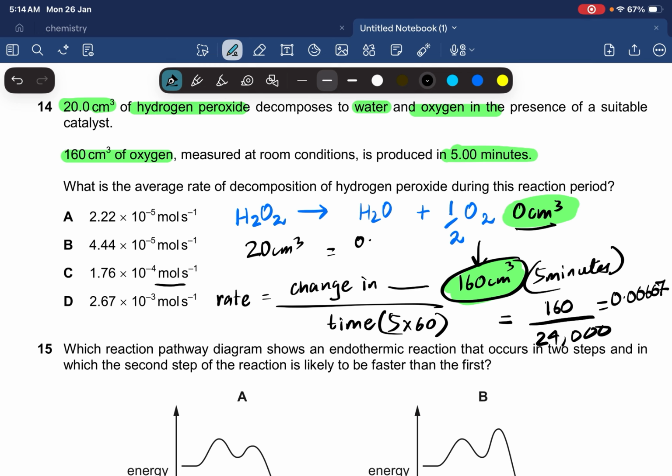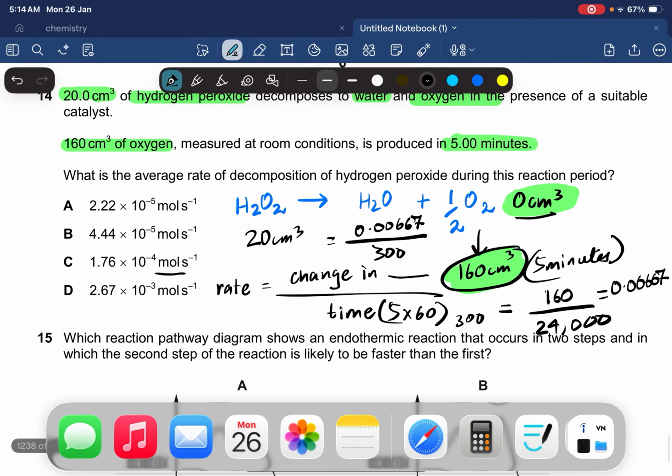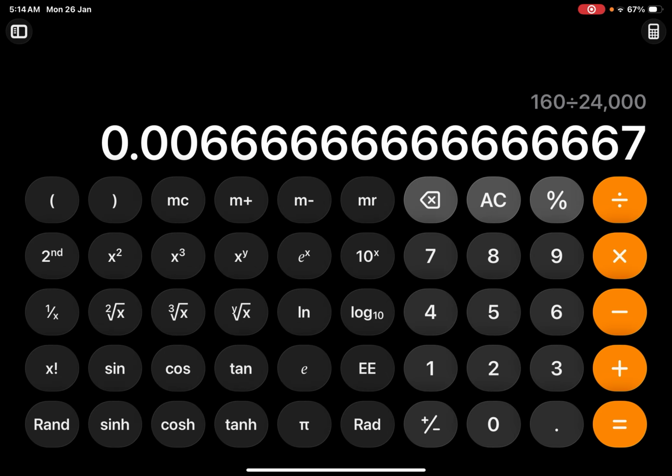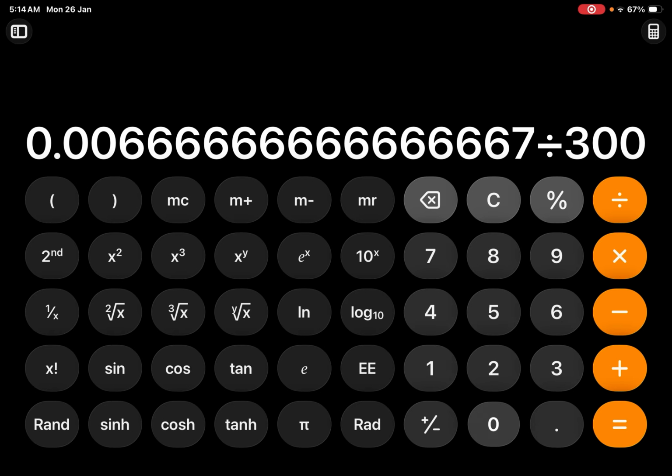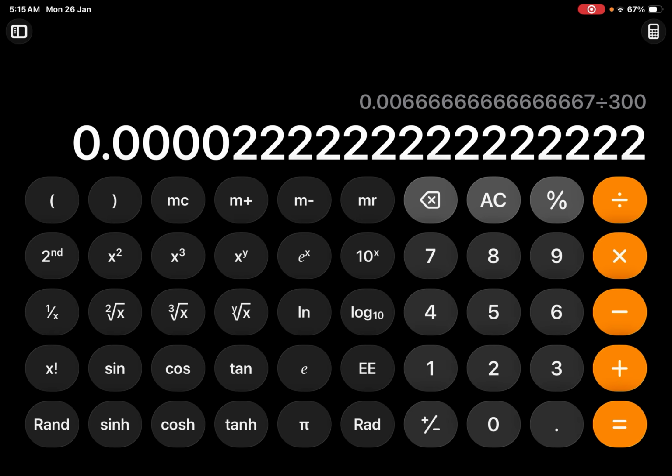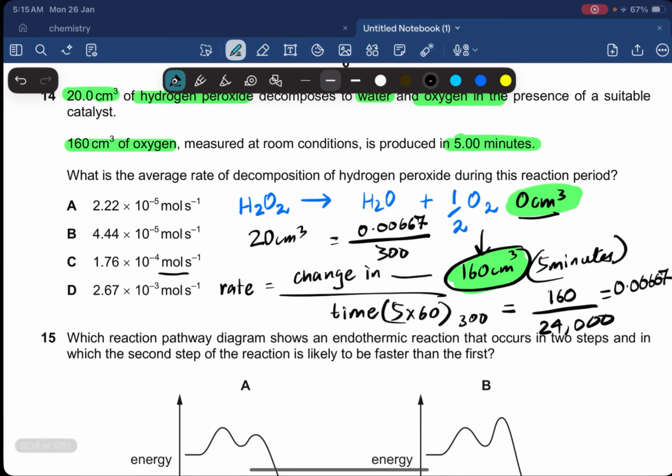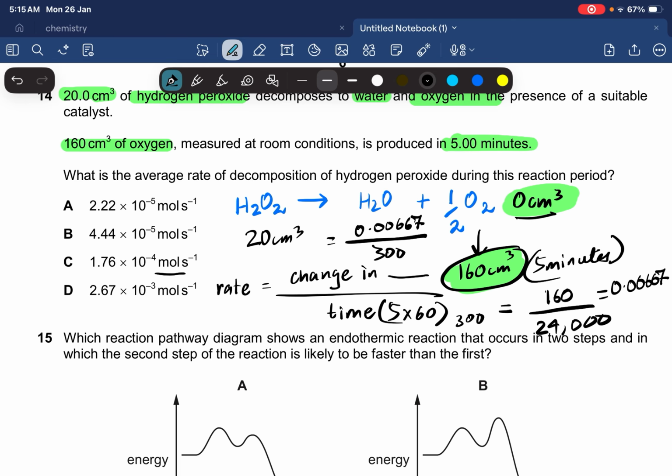Okay, 0.00667 moles divided by 5 times 60, it's going to give me 300, I guess, divided by 300. One, two, three, four, 5. 2.2 into 10 raised to power negative 5.